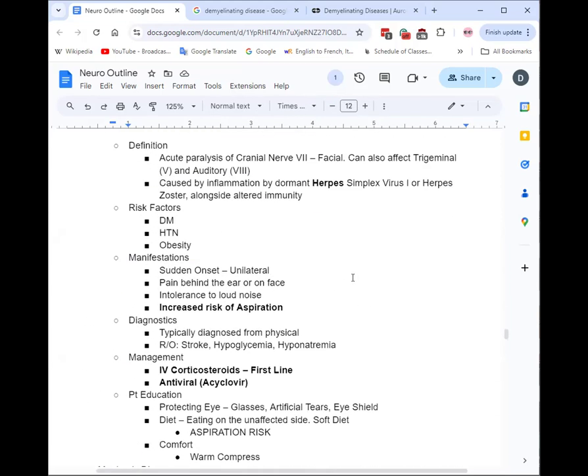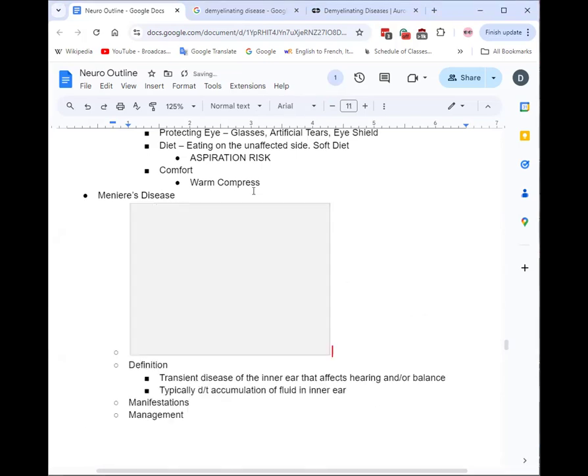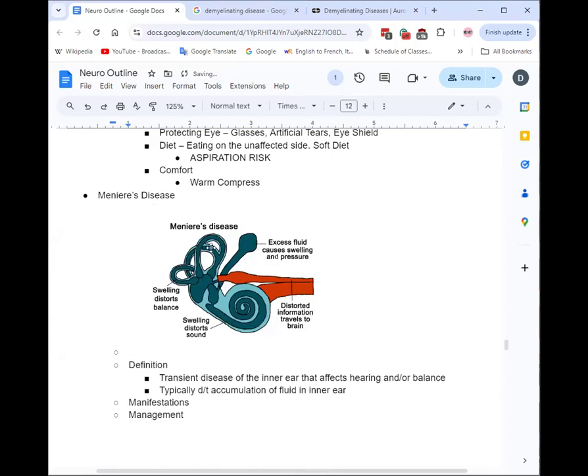Meniere's disease. This is ear related. I'm calling it a transient disease of the inner ear that affects hearing or balance. I have a picture that goes along with it here. You can see the little snail, or the little Naruto symbol there in your ear.